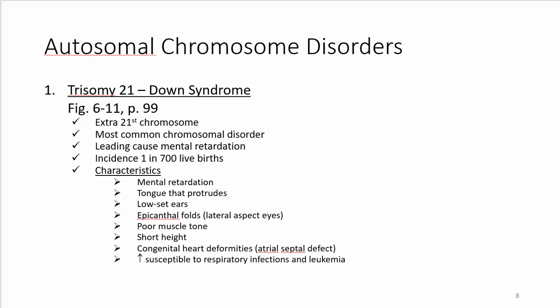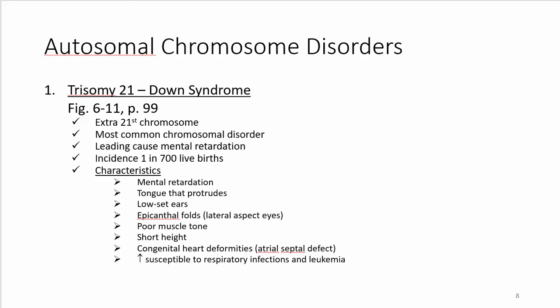But as a general thing, people have all of these issues. A great many of them are delayed mentally. The tongue tends to be large for the mouth, so in a relaxed state, their tongue protrudes.